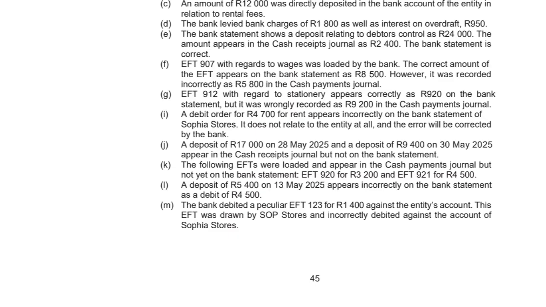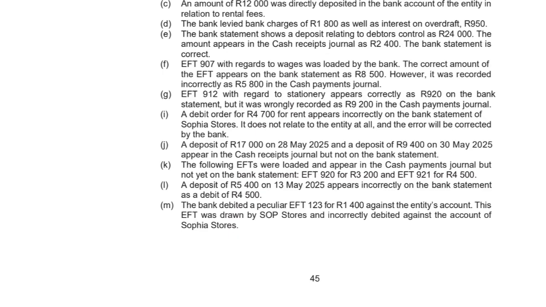However, it was recorded incorrectly as 5,800 rand in the cash payments journal. G. EFT 912 with regard to stationery appears correctly as 920 rand on the bank statement, but was wrongly recorded as 9,200 rand in the cash payments journal.